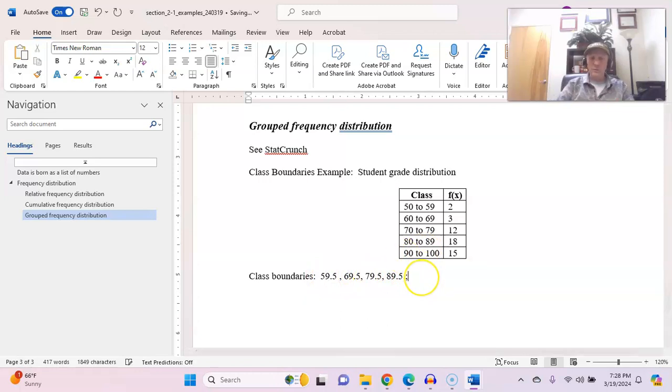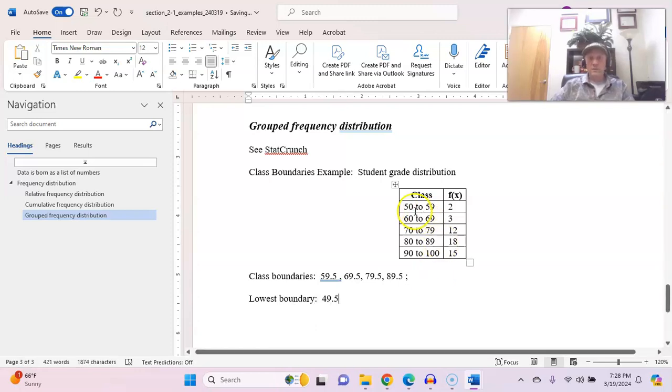If you really want to be nitpicky about it, and some of the homework questions are, you could also say that the lowest class boundary is a 49.5, because you can kind of think about this as being a span of numbers that technically would range from 49.5 to 59.5 before they're rounded.